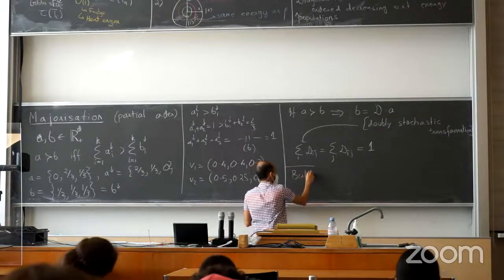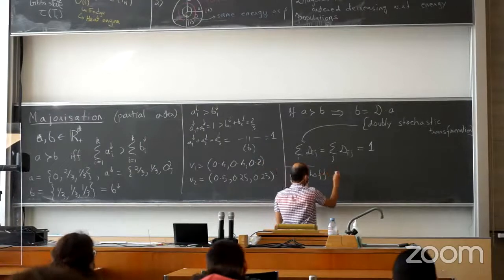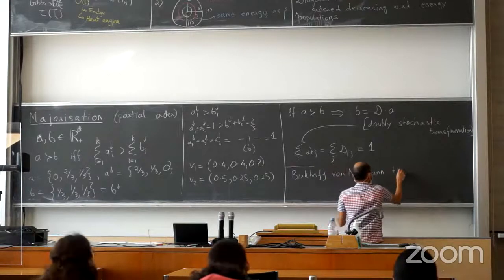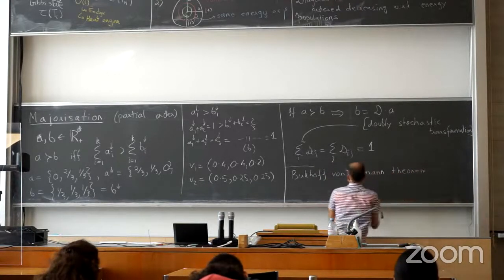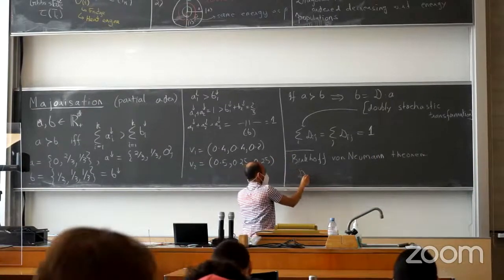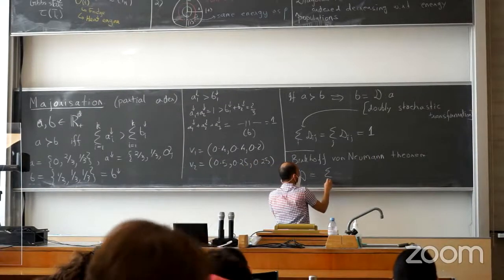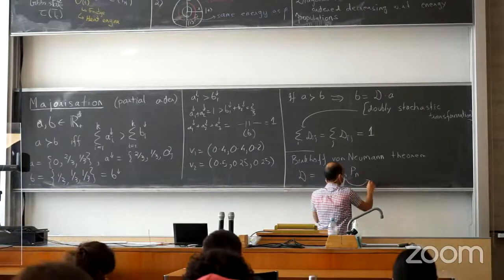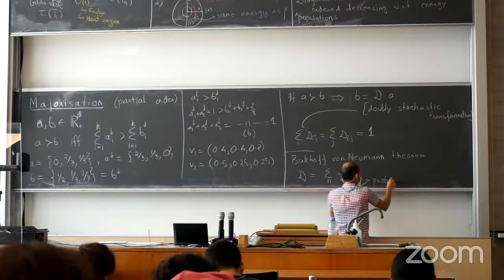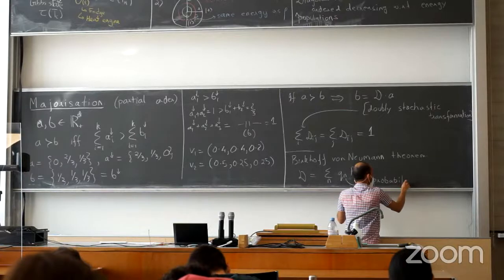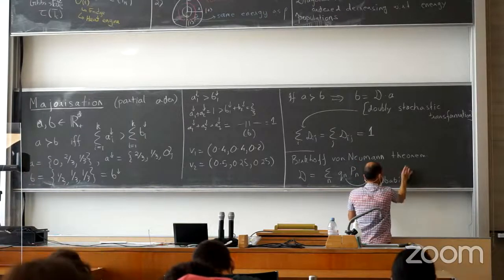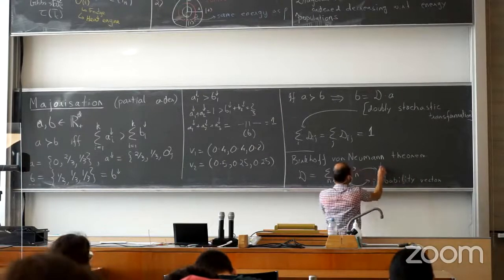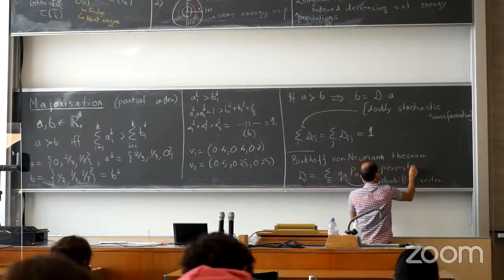This is due to, I don't know who it is due to, but it's called von Neumann's theorem, which is that D itself is equal to the sum over n of Q_n P_n, where Q_n are probabilities and P_n are permutations.